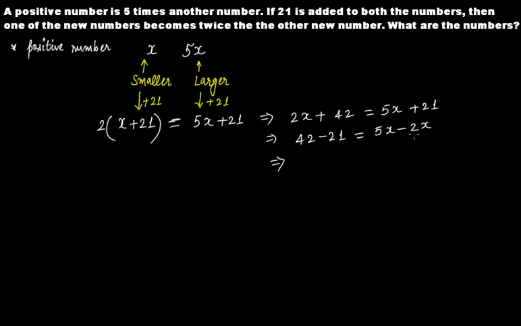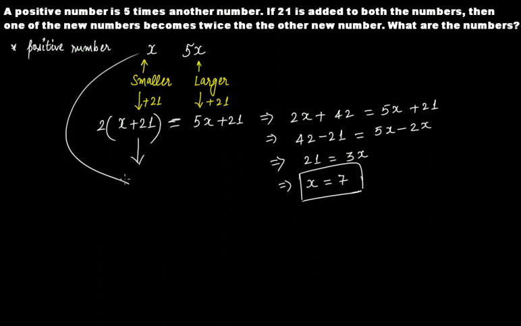This means you are getting 21 is equal to 3x. If you divide both the sides by 3, you get x as 7. So one number, the smaller number, is 7, and your larger number will be 5 times 7, that is 35.